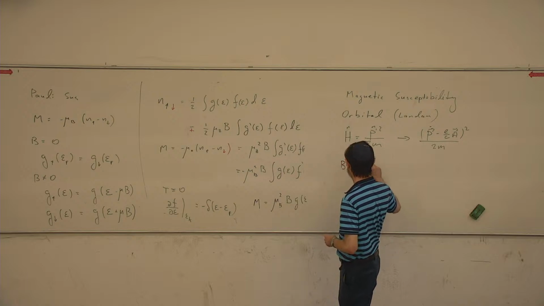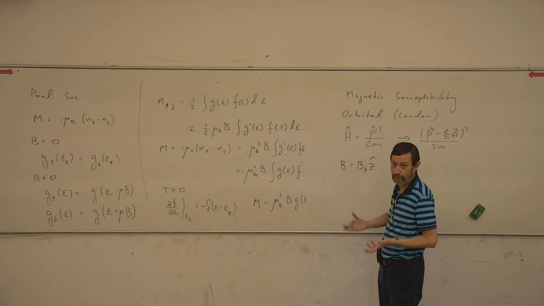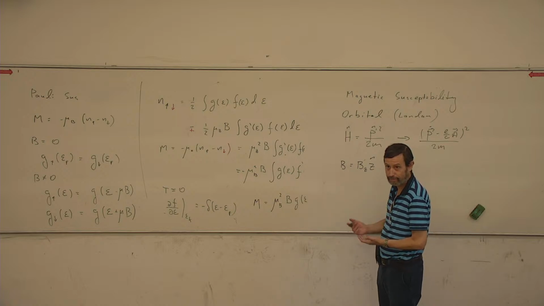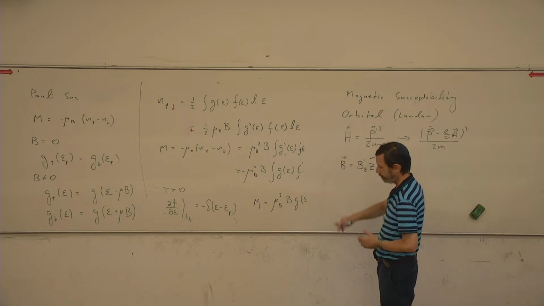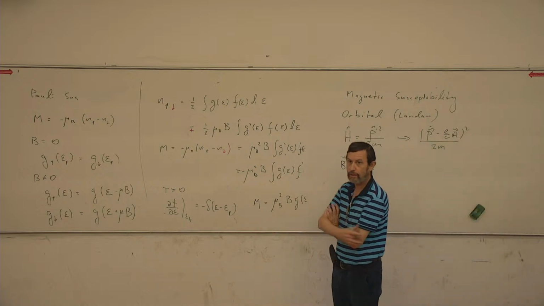We'll choose it in the z direction, but it really doesn't matter because it's a three-dimensional system. But I don't need B.